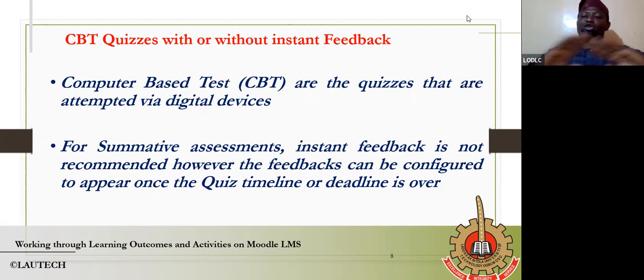But when the quiz has closed, the student can now see the feedback. So that is that about quizzes with instant feedback or quizzes without instant feedback.